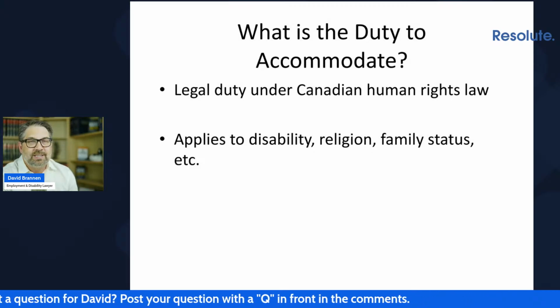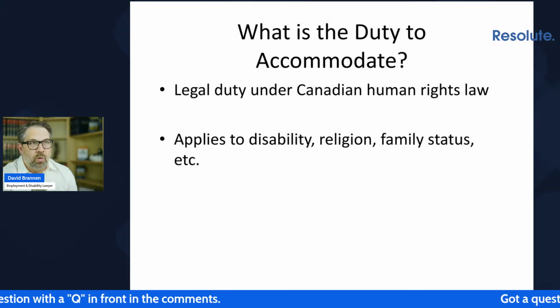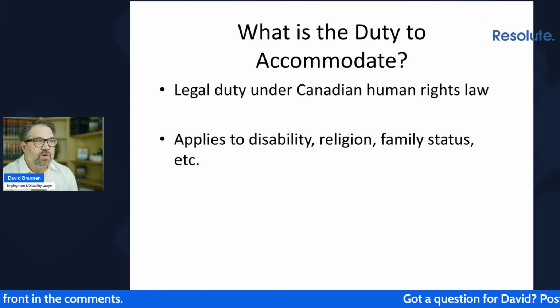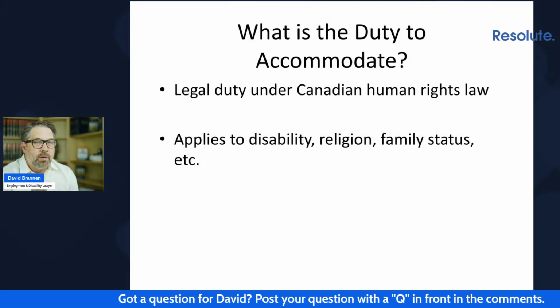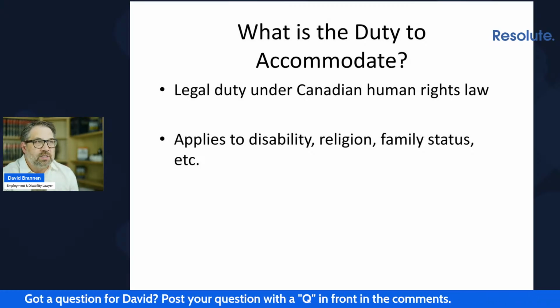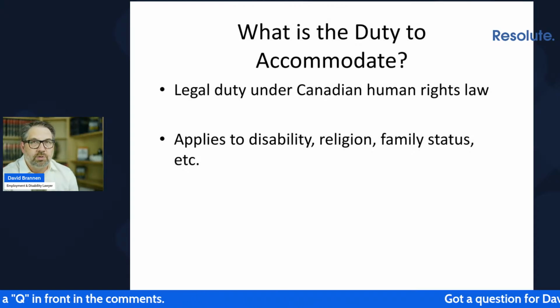It's not just a nice to have thing or a courtesy. It's actually a legal requirement under provincial and sometimes federal human rights codes, and it applies to many protected grounds of discrimination. Commonly, though, those are going to be areas of disability, religion, family status, gender, and even sometimes cultural practices.